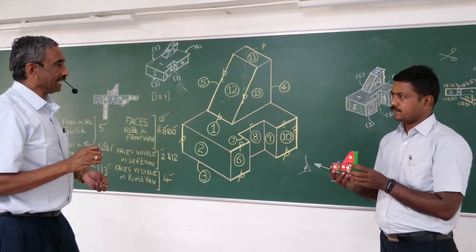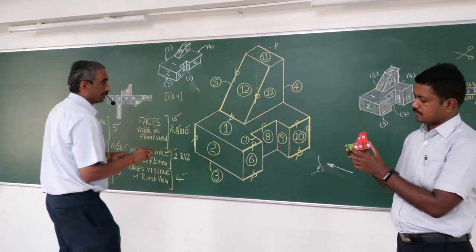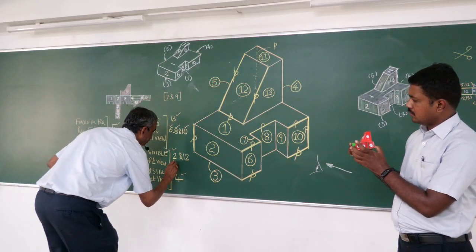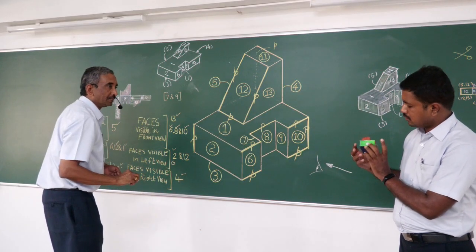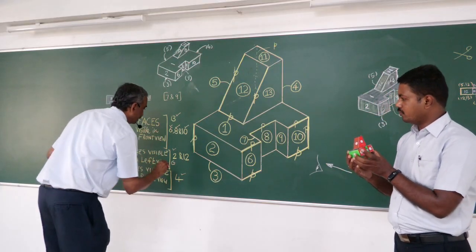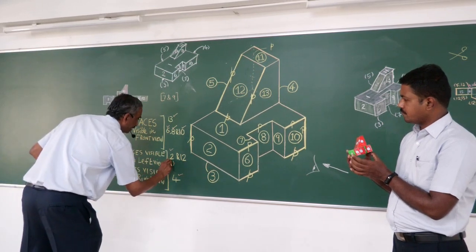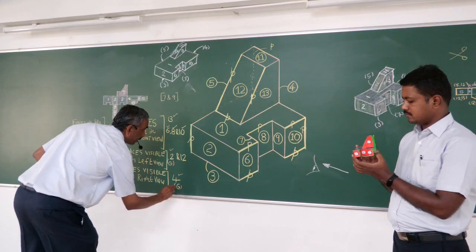So we have given the green color. You can see the green color is given for the faces. 2 is green color. 12 also green? No, 12 is a different color, a slant color. 2 is green color. 4 is also green color.